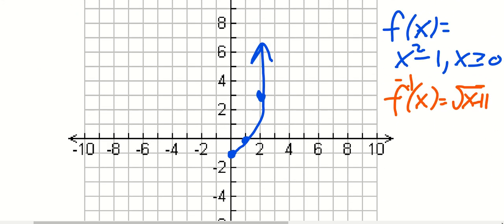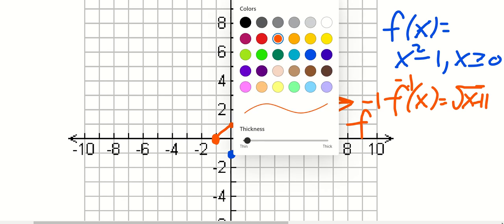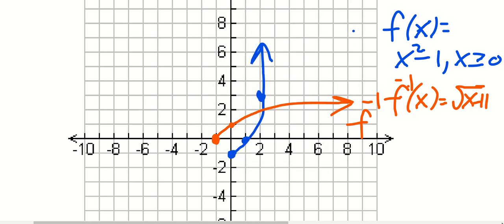That's going to be a horizontal shift 1 unit to the left of the square root function. And it's going to look like that. So this is the graph of f inverse. This is the graph of f.